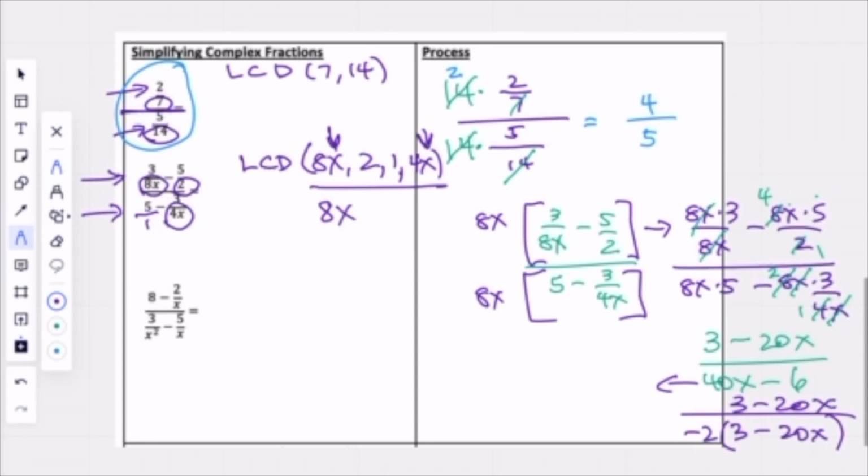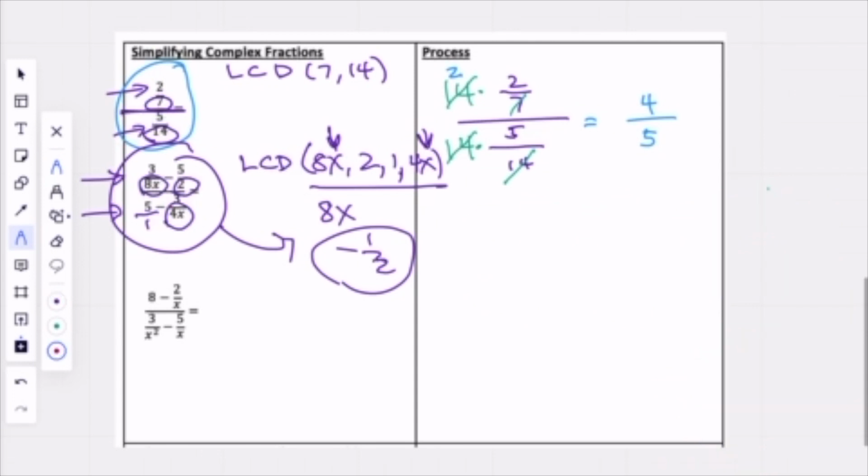Then the 3 minus 20x in the numerator and the denominator go away, and I'm left with just negative 1/2. This whole thing turns into negative 1/2. Crazy.